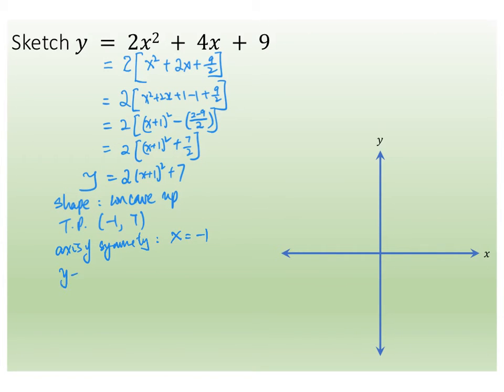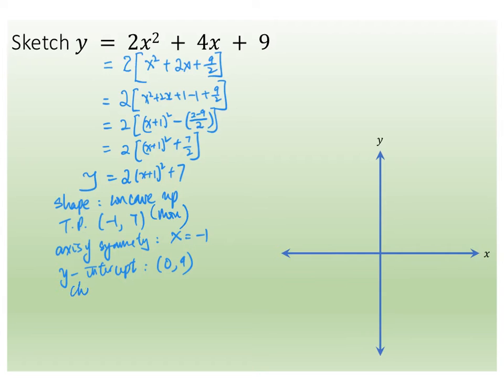And then the y-intercept is actually 0 and 9. Now, you can see that because this is concave up, the turning point here is a minimum turning point. Because the minimum turning point is above the x-axis, you can straight away see that there is no x-intercept. But if you don't believe me, we can actually work it out.